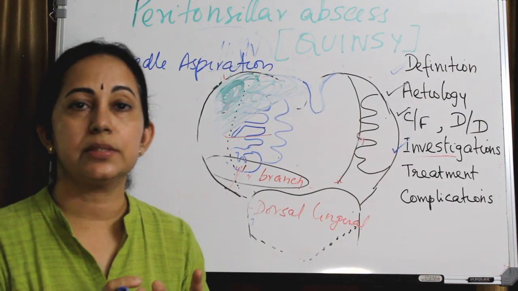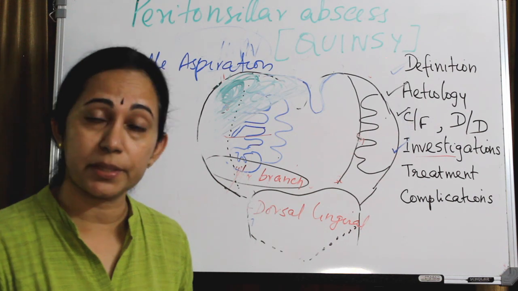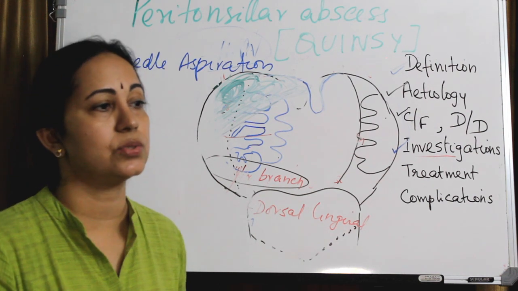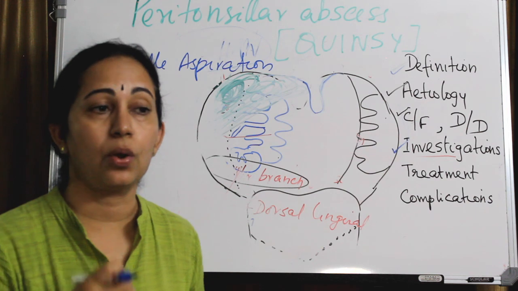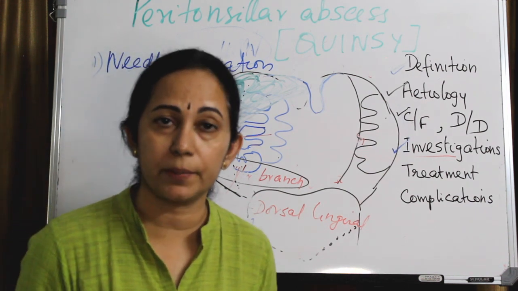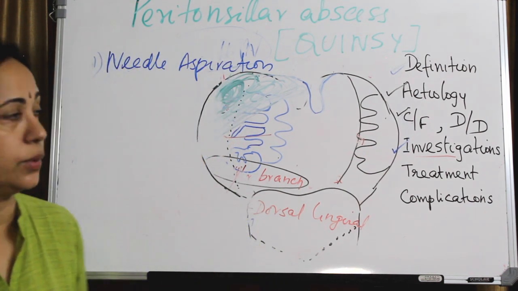It is better to send pus for culture and sensitivity in all patients, but especially in resistant organisms, diabetic patients, immunocompromised patients, and recurrent Quinsy.